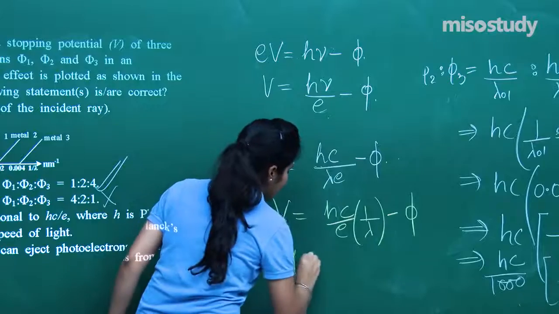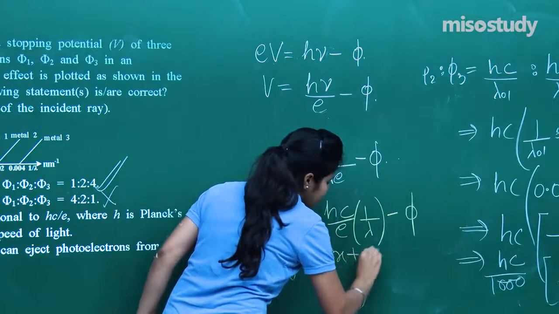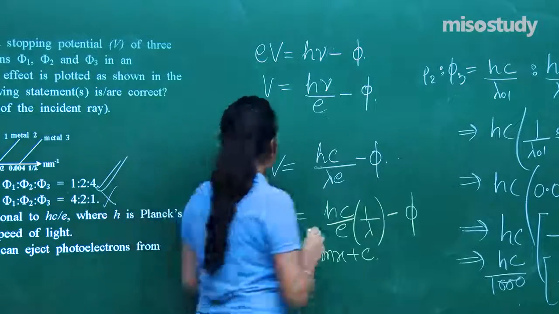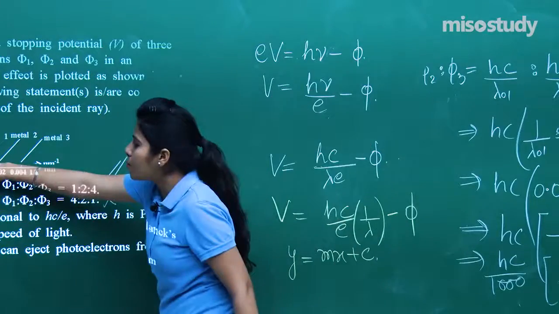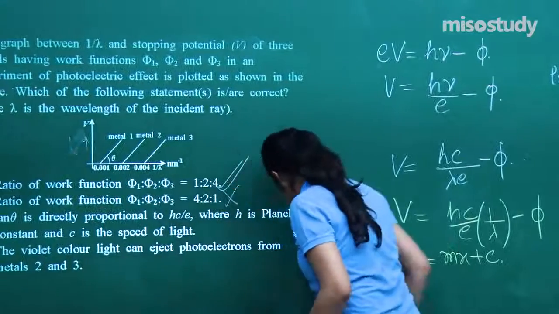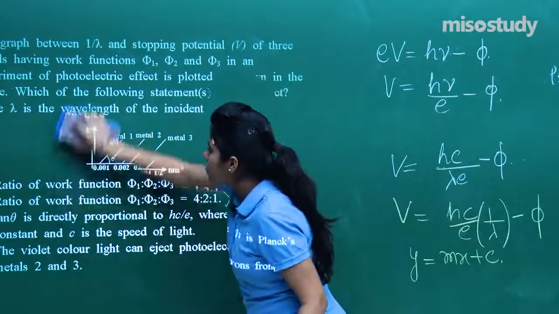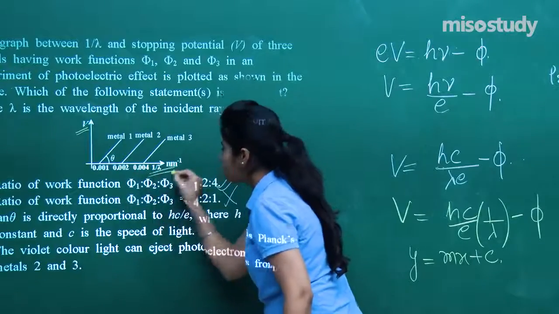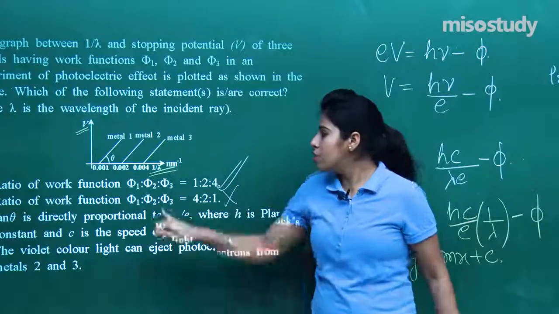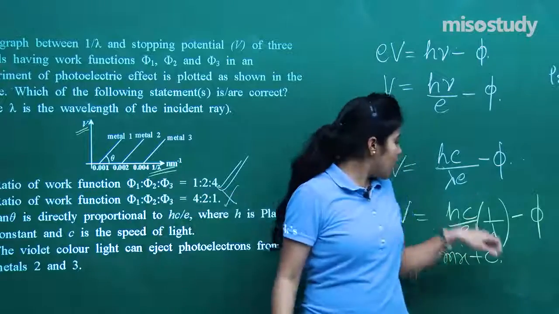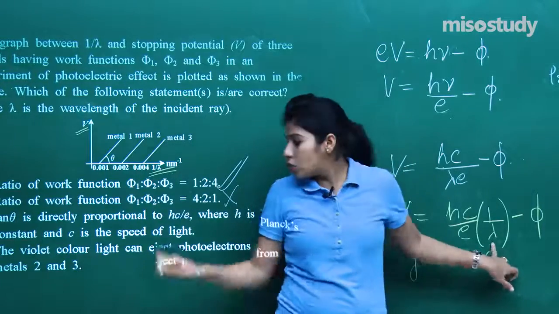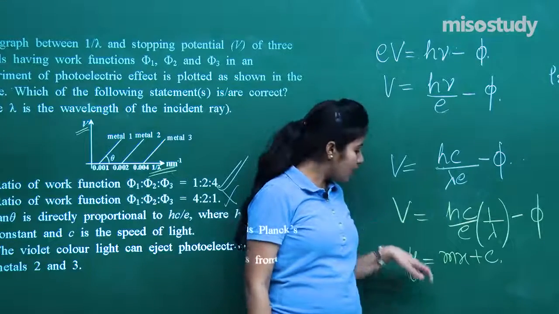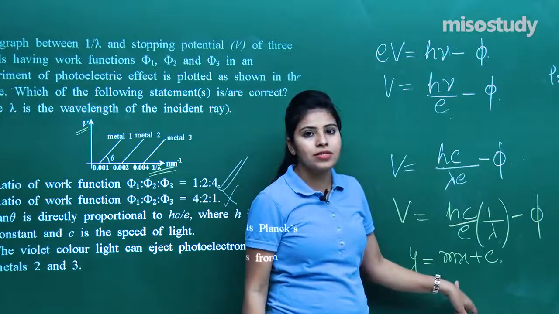Compare this equation with y equals mx plus c. You know that we have a graph in the question, and the graph is plotted between the stopping potential, that is V, and 1 by lambda. Your x-axis is 1 by lambda and your y-axis is V. So we can compare with y equals mx plus c.